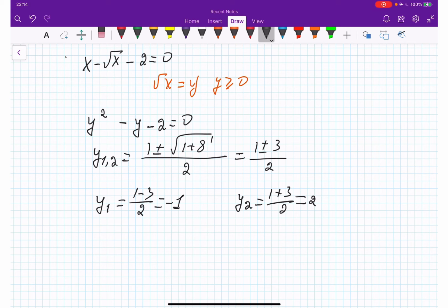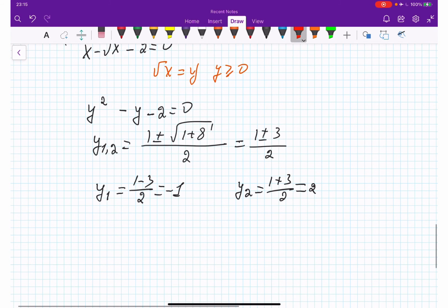So because we have the condition that y has to be greater or equal 0, and that condition is coming from the fact that the number under square root cannot be negative, therefore this negative 1 is falling out, right?